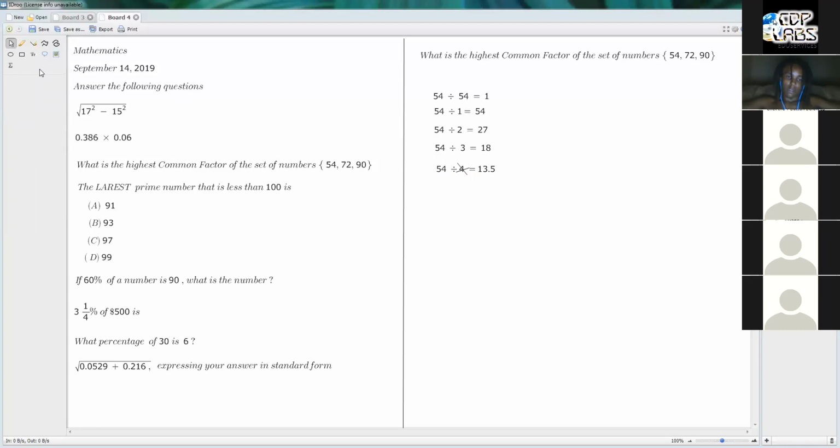Can we find another one? 6, sir. 6, and that will be what now? So 54 divided by 6 is equal to 9. Please note too that the numbers here are also factors of 54, right?